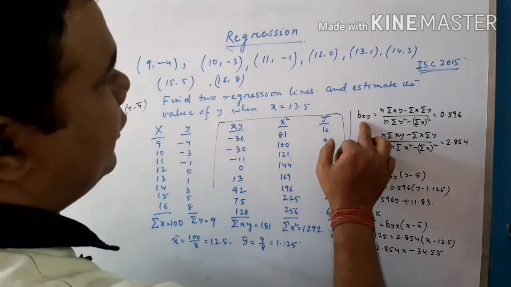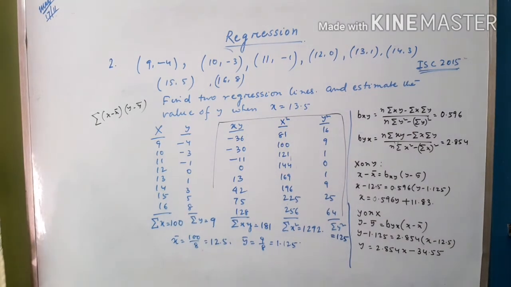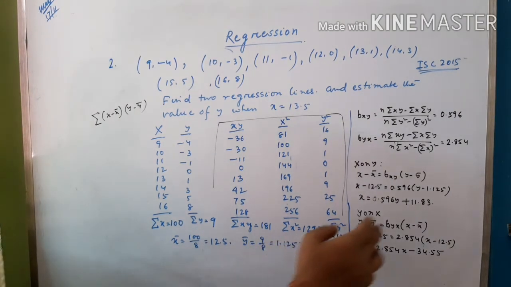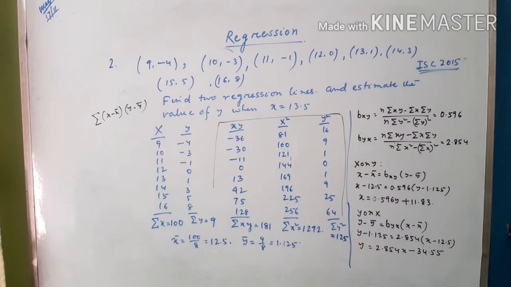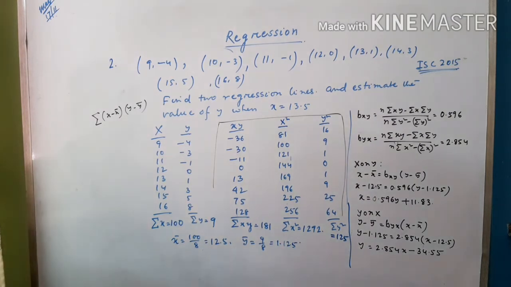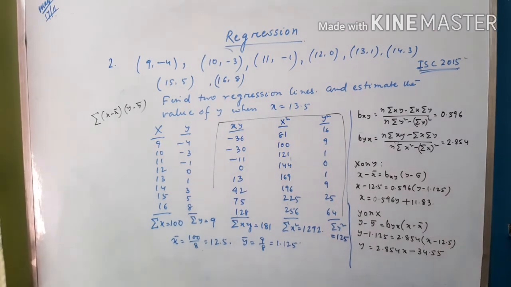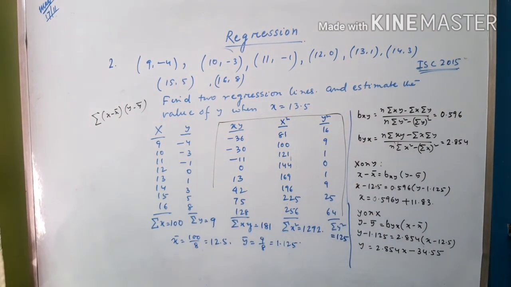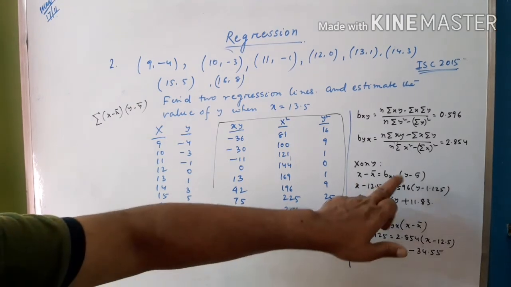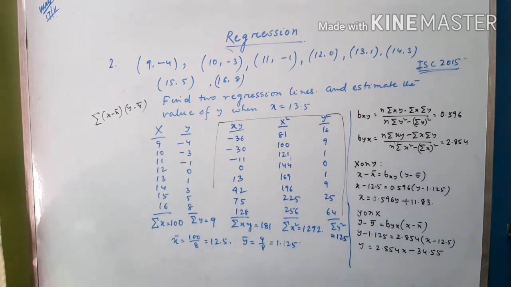Now we know the formula bxy equals n into sigma xy minus sigma x sigma y, over the rest of the formula. So by putting all these values, I am getting 0.596. Similarly byx, using the formula, I am getting 2.584, and we know that the equation of x on y is x minus x bar equals bxy into y minus y bar.